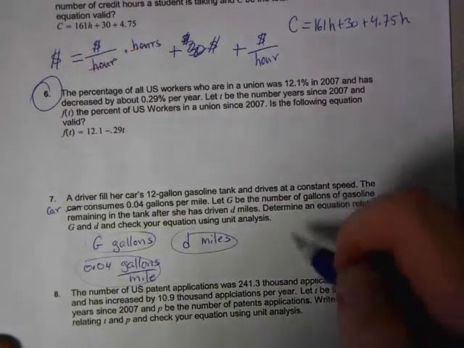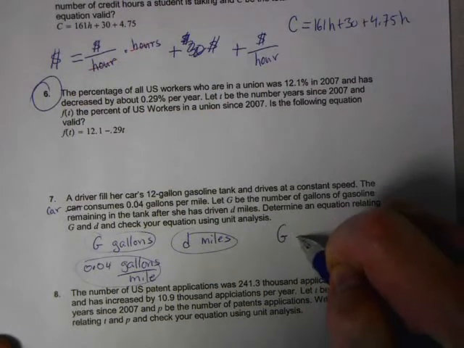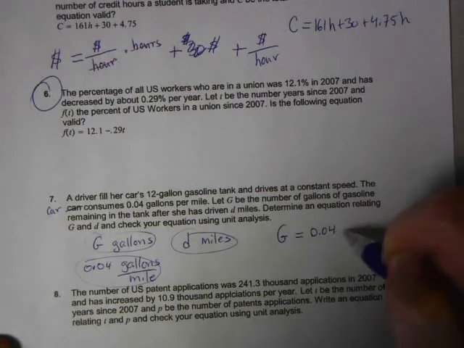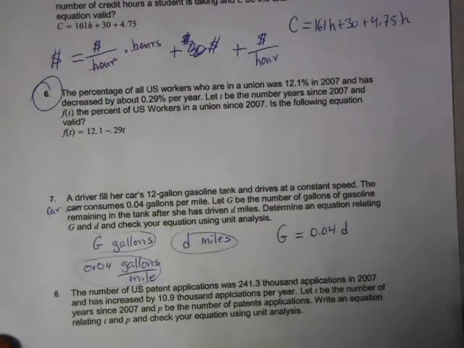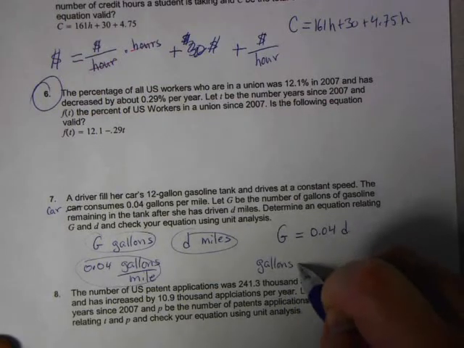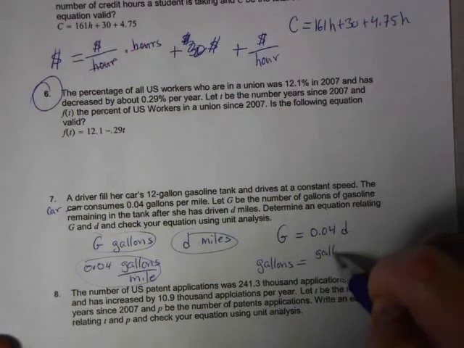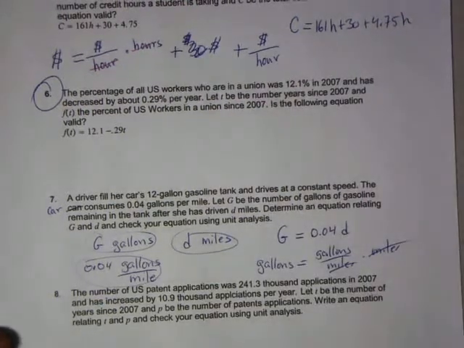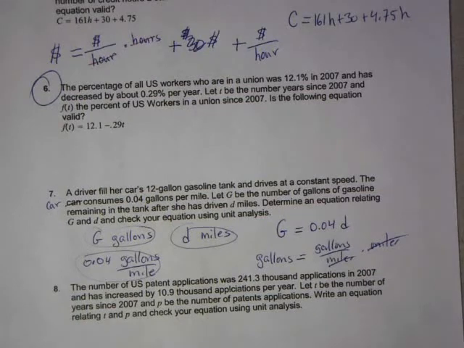Well, I think I want G equals 0.04 D. Because my units would then be over here, I would have gallons equals gallons per mile, and here I have mile. Miles cancel out, I get gallons equals gallons, so I'm pretty sure that's a valid equation.